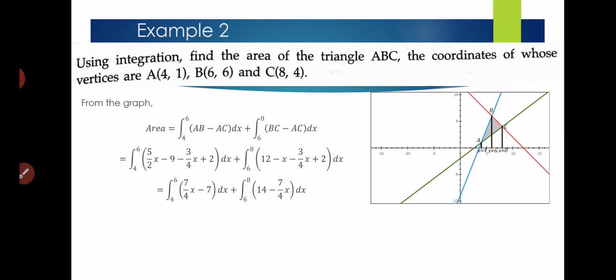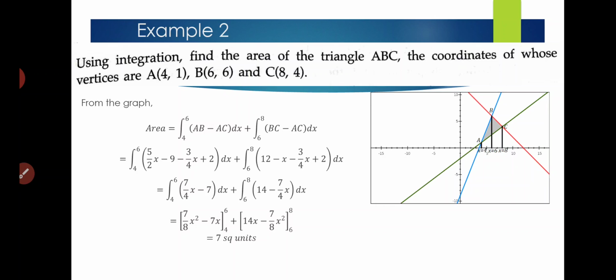Once we simplify this down, we have from 4 to 6, 7/4 x minus 7, and this is 14 minus 7/4 x. Upon integration, we have 7/8 x squared minus 7x and 14x minus 7/8 x squared. And if we put the values and calculate, our answer is 7 square units.